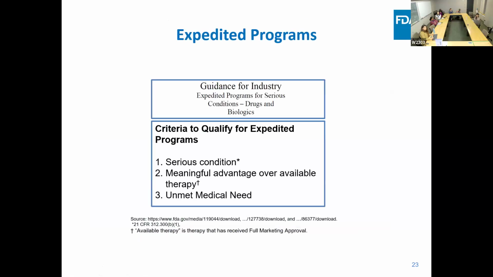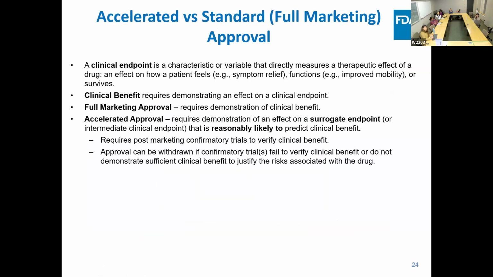I'll go really quickly into these expedited programs, including accelerated approval. Expedited programs are available if it's a serious condition, the therapy might provide a meaningful advantage, and there's an unmet medical need. Accelerated approval, again, hits on a reasonably likely surrogate endpoint. So for example, in NASH, if there's improvement in NASH on biopsy, a sponsor can obtain accelerated approval for that.